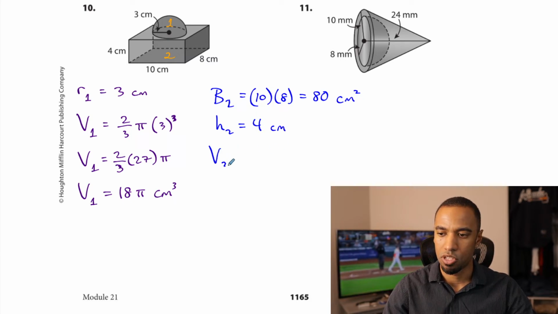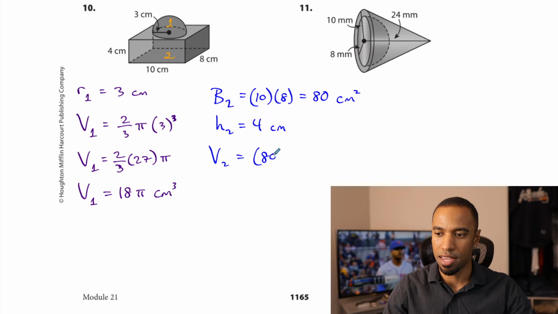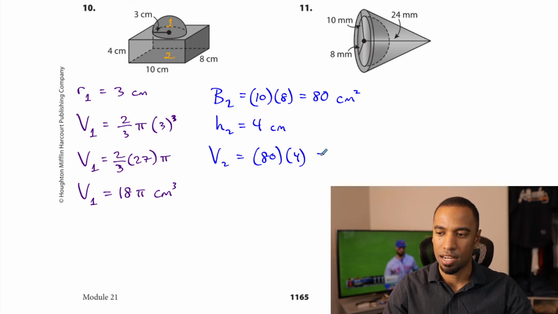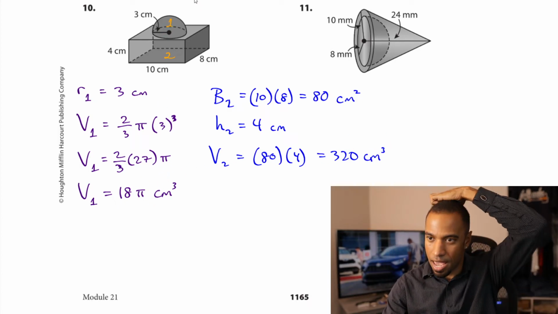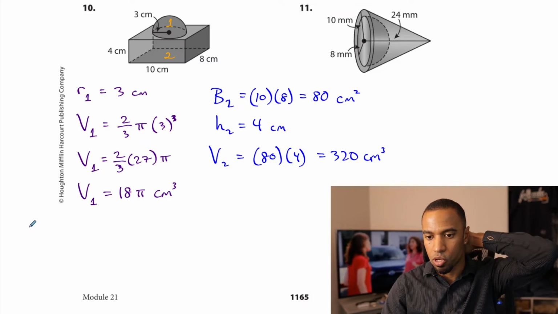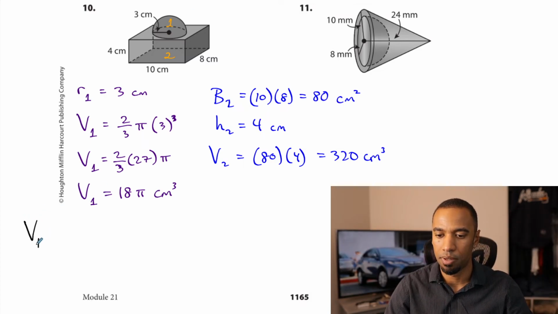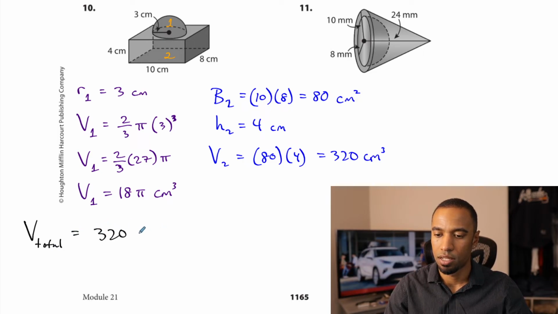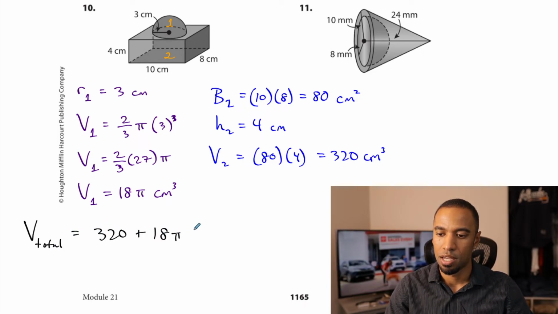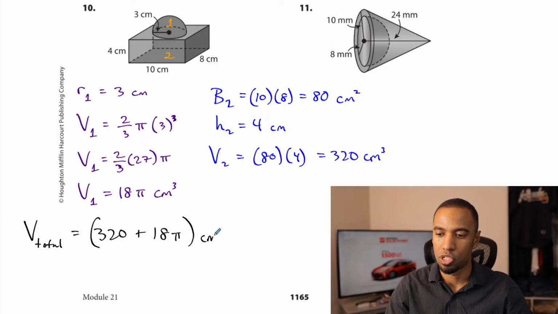So the volume of this is area of base times height, and that is 320 cubic centimeters. So now we have 320 cubic centimeters and 18 pi cubic centimeters. The volume of the total adds the 2 up, so 320 plus 18 pi cubic centimeters to start off with.